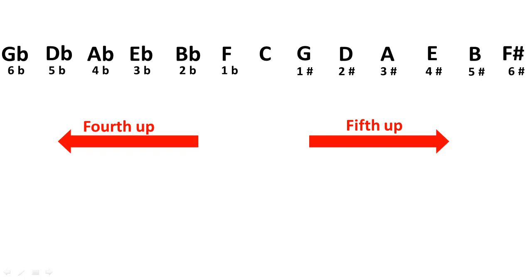Now, since the most left note, the G flat, and the most right note, the F sharp, are one and the same note, this means that I could display all of these notes in a circle. Now, once again, the F sharp and the G flat that are now on the bottom of the circle are one and the same note.